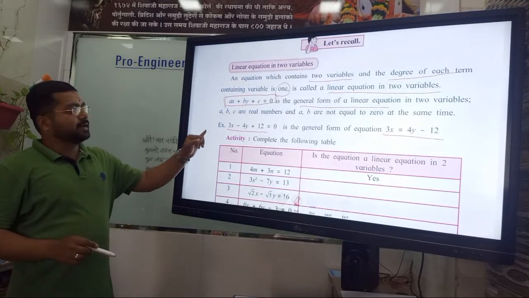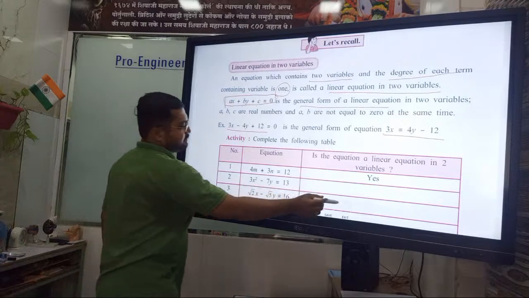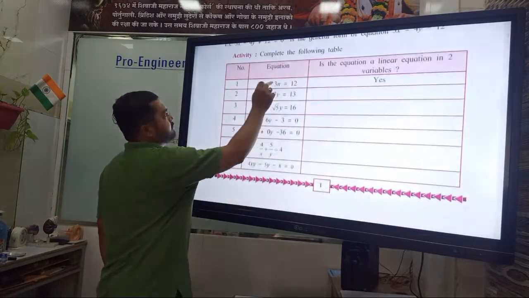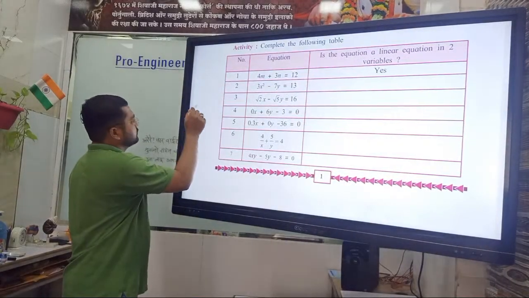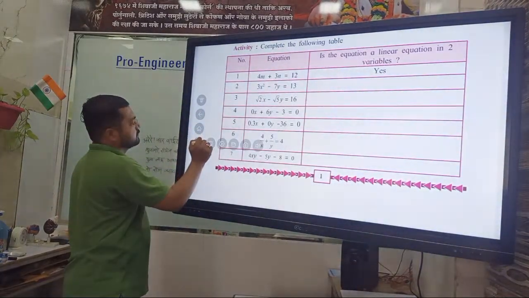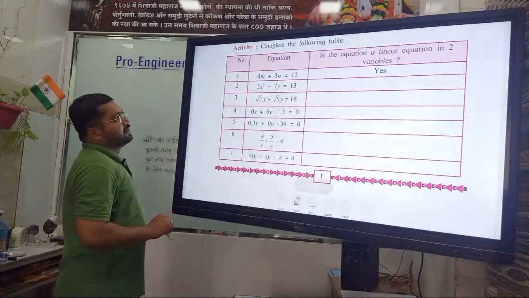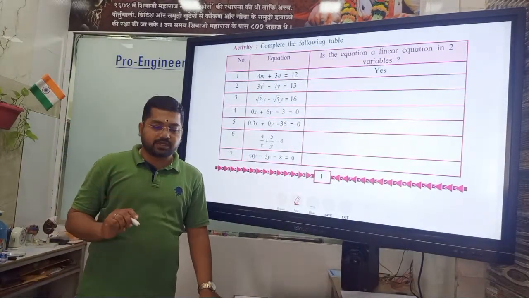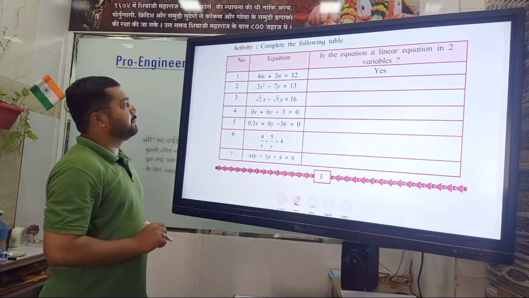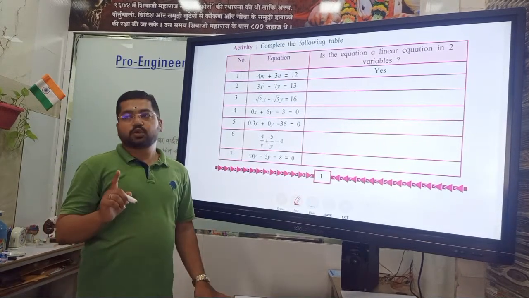Now we have to complete this activity. Looking at the first equation, they have mentioned that 4m plus 3n equals 12.